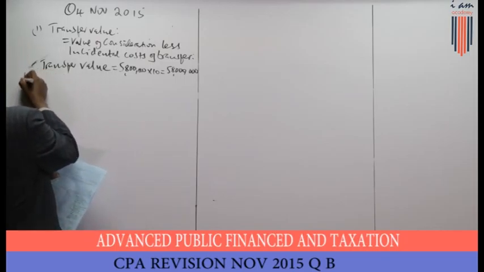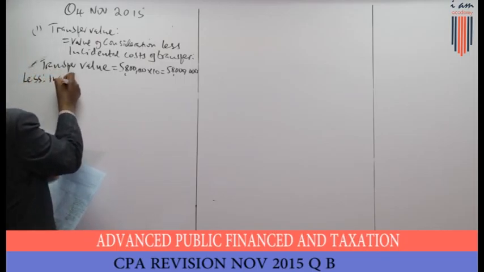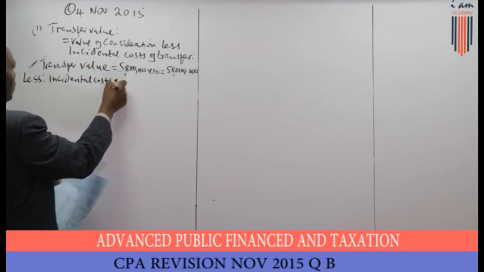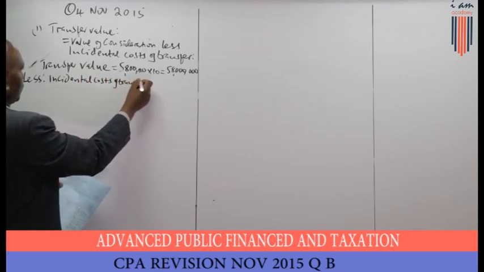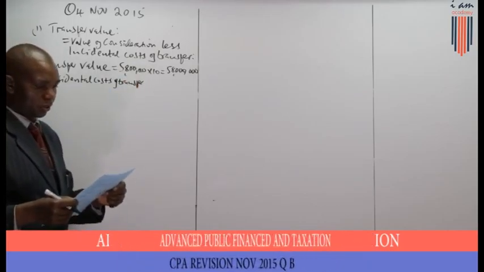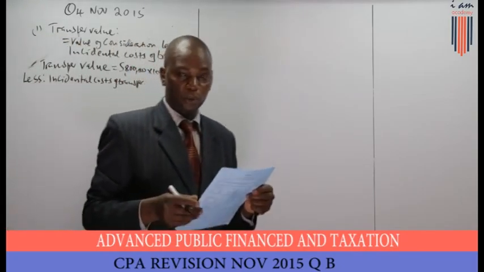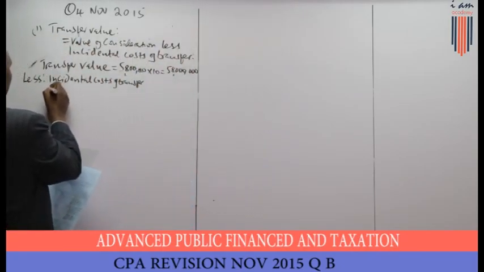So less incidental cost of transfer. We need to remove these incidental costs of transfer. So what are we told? We are told the cost of advertising the house was 160,000.